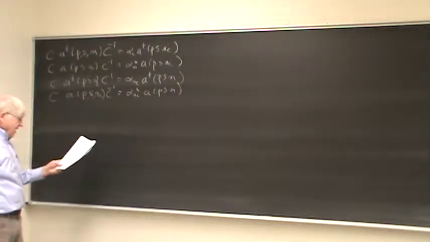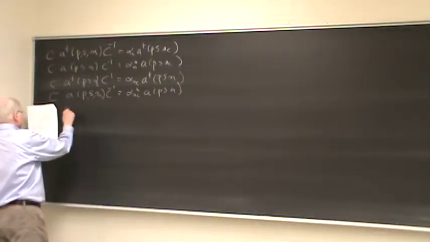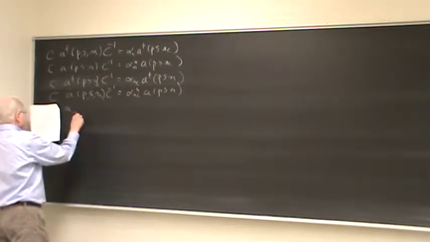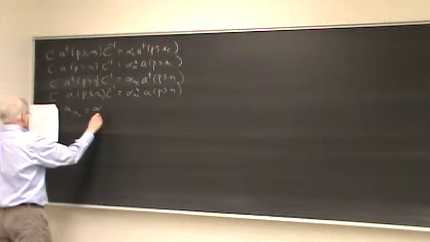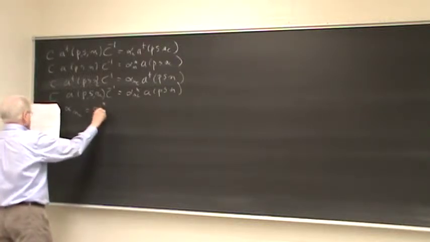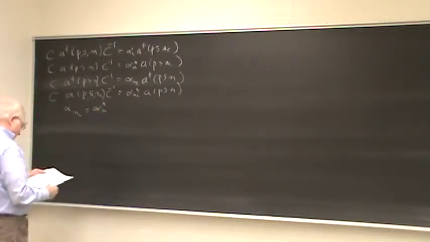Okay. And what we found was that to have locality, or causality, we had to have alpha n^c is alpha n star.